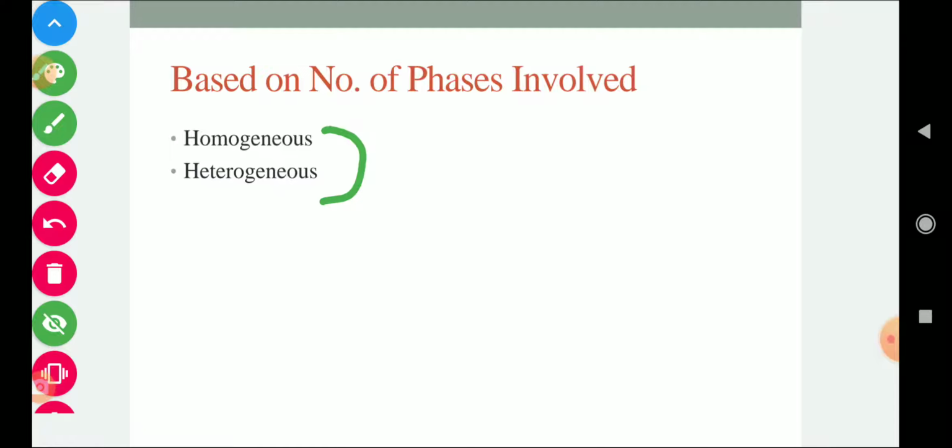On the other hand, heterogeneous reactors are those in which more than one phase is present. It may be a solid liquid reaction, or solid gas reaction. I mean to say there is more than one phase present, and then we call it a heterogeneous reactor.